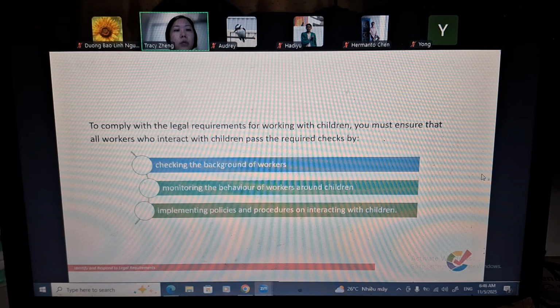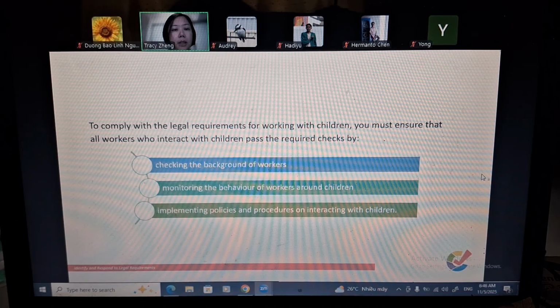And definitely we do need to monitor the behavior of the workers around children, right? So that is also your managers' and supervisors' responsibility to make sure the staff behavior with children is appropriate, right?